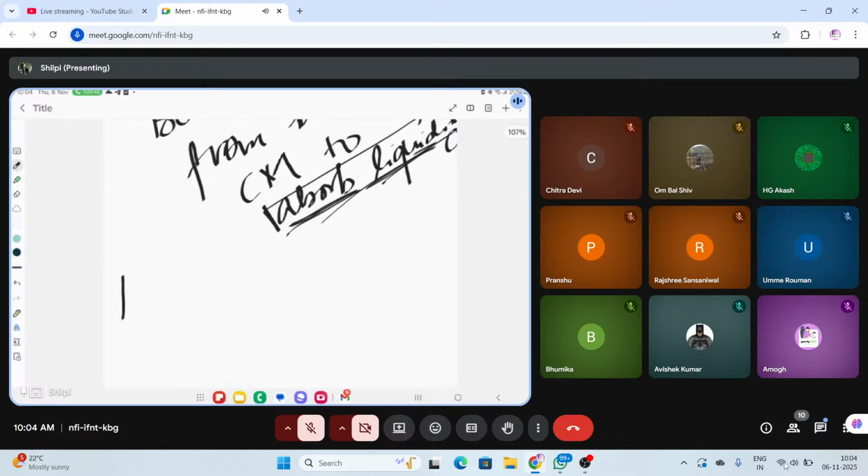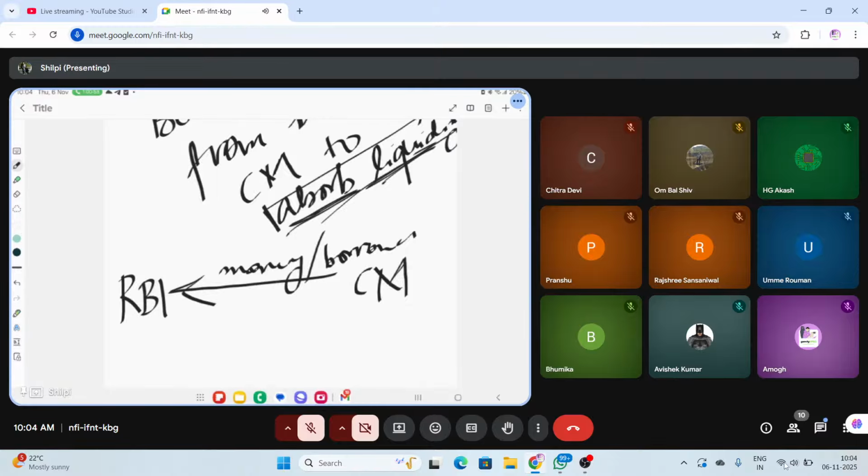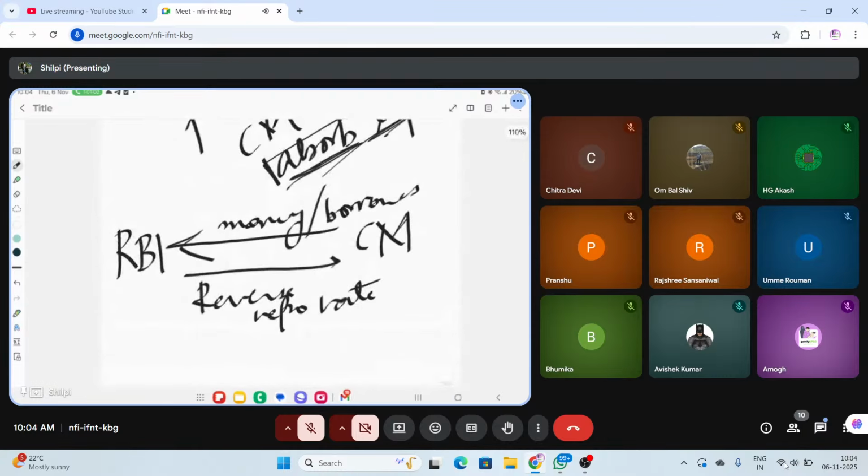तो यहाँ क्या हो रहा है, यहाँ पे हमारा RBI है, यहाँ हमारा कमर्शियल बैंक है, और यहाँ पे फ्लो ऑफ मनी ऐसे होएगा. You can say RBI borrows money, and in return RBI pays what is known as reverse repo rate to the commercial banks.